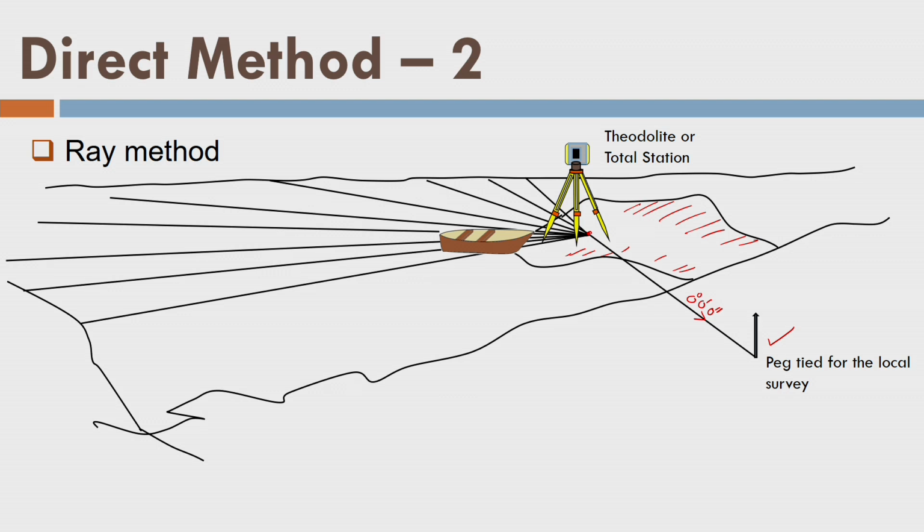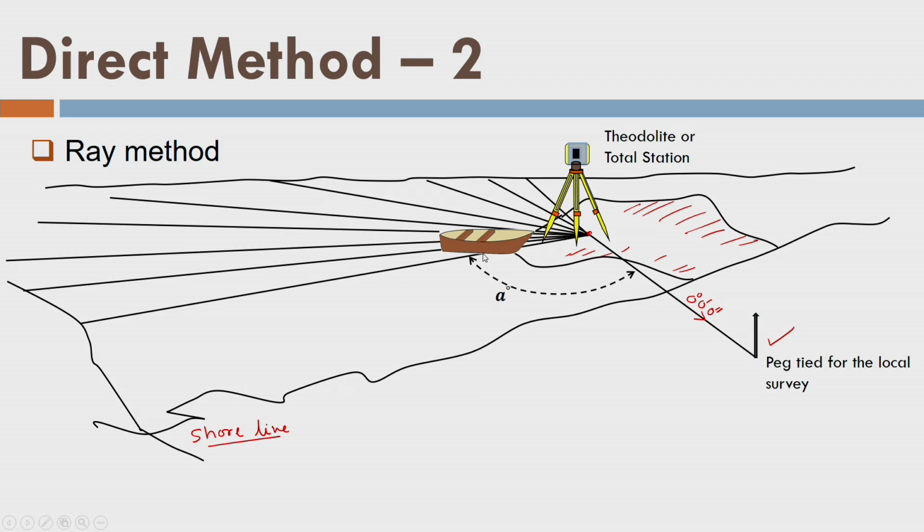Now I will spread a line here, and this is my shoreline, right? So you can see we will stretch one survey line like this, and let us say this angle is my A degree.